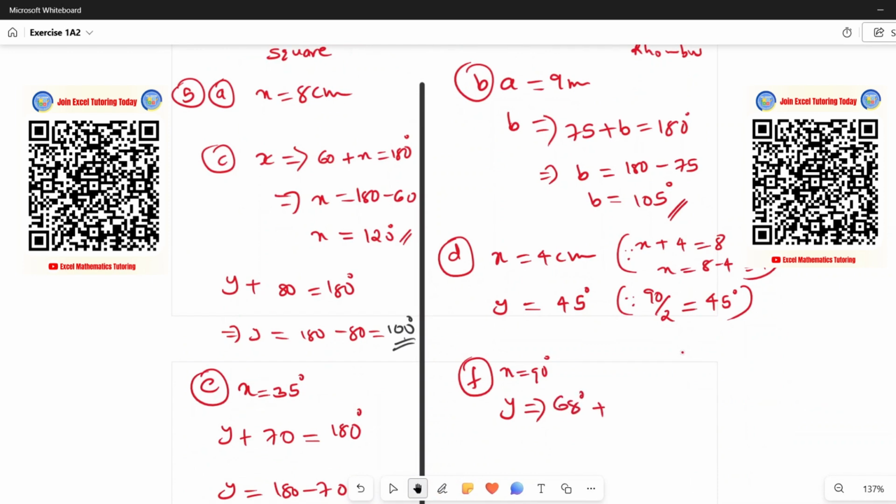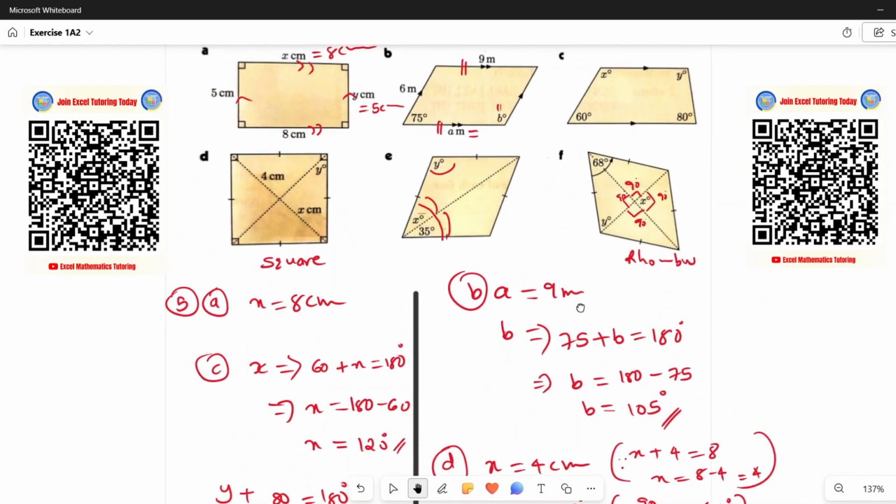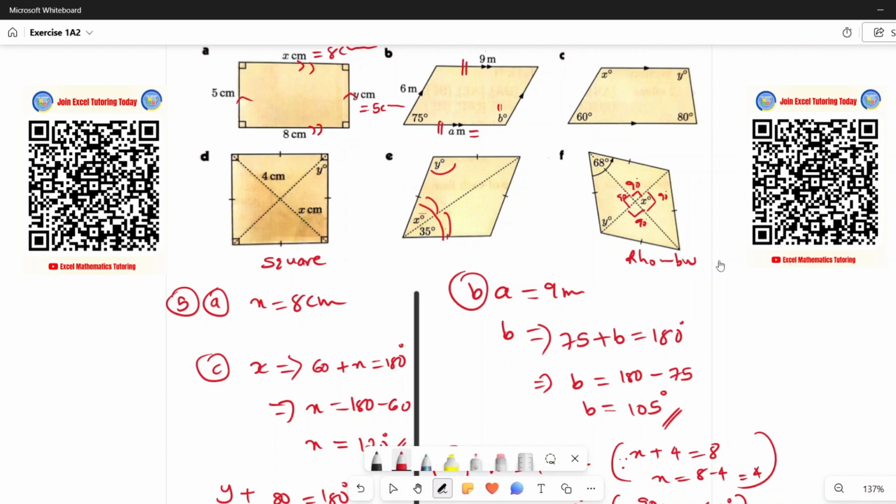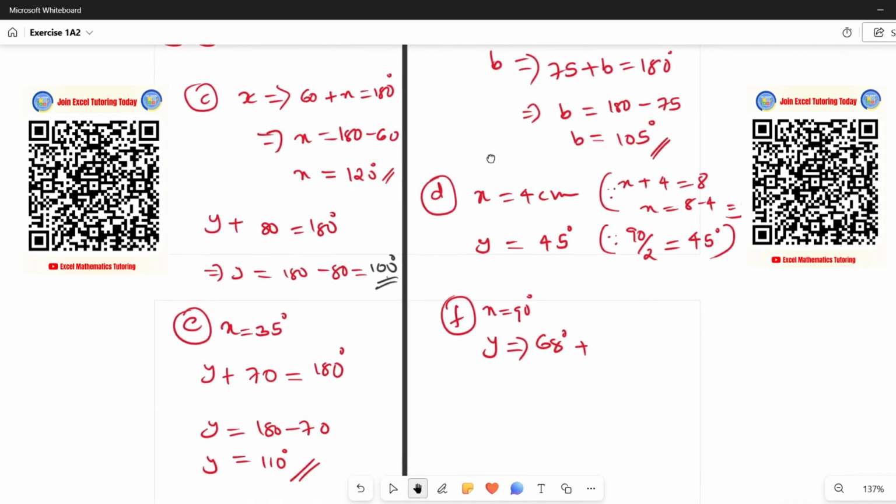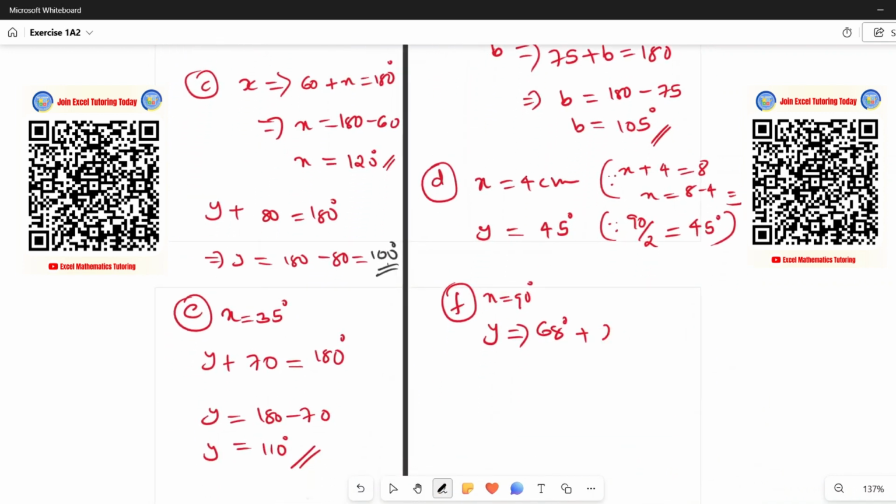We are using two properties here. This is y degree, which means this is also y degree. So both will be y, because the diagonals bisect angles at each vertex equally. So 68 plus 2y equals 180 degree.